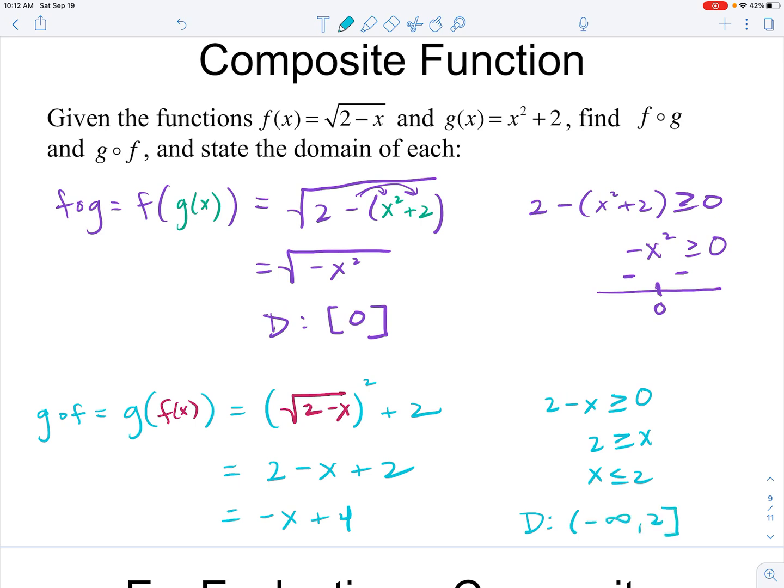I just think this is so cool. If you type this equation into your graphing calculator, and I want to encourage you to do that, the graph is going to look like the graph of negative x plus 4, so the line that has a slope of negative 1 and a y-intercept of 4. However, the graph is only going to be defined from negative infinity up to 2, so it will literally stop.